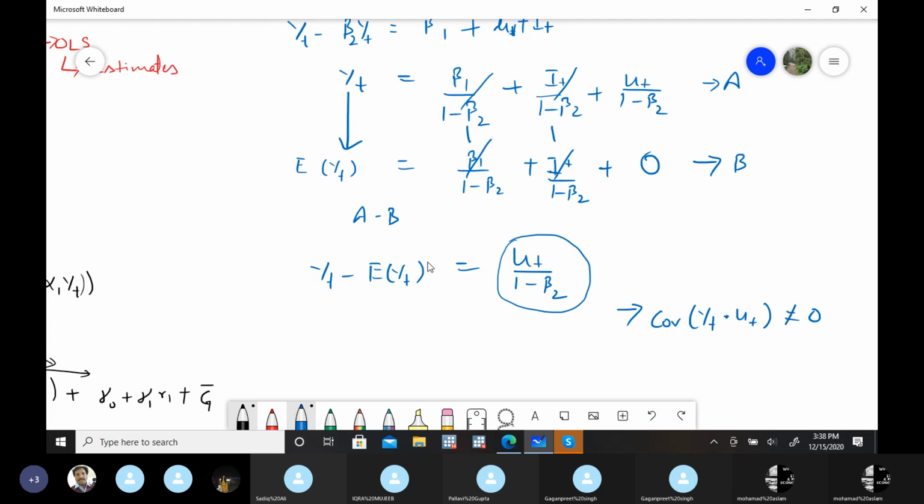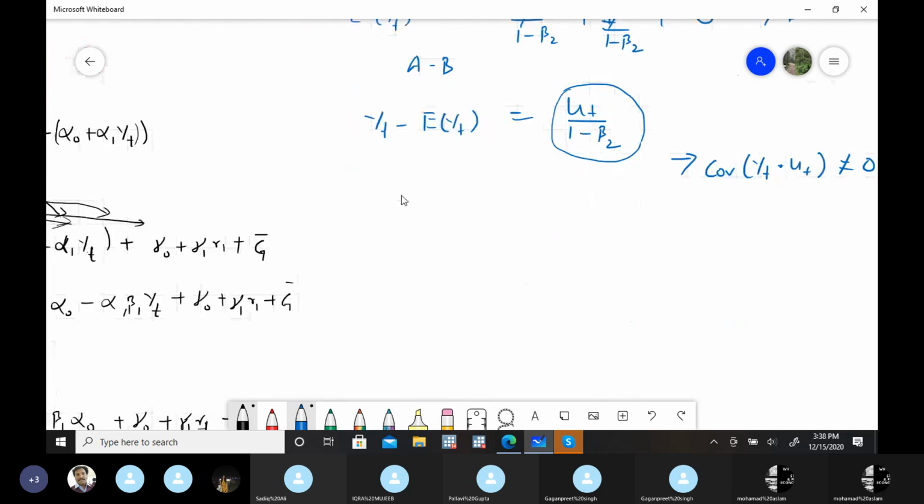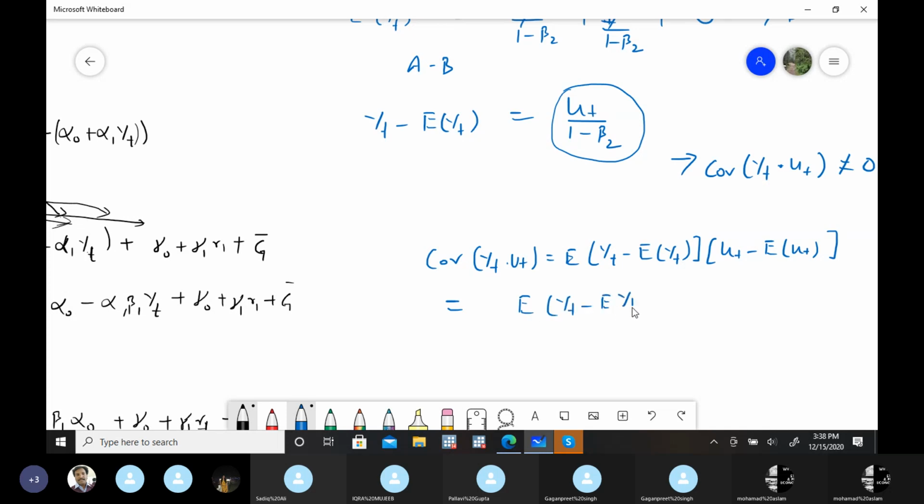The covariance between these two terms is not 0, because the covariance formula for this term is the expected value of Yt minus its expectation, times Ut minus the expected value of Ut, and this covariance is creating the problem of biasedness. So this term is Yt minus expected value into Ut, because the expectation of Ut is 0, as we know.